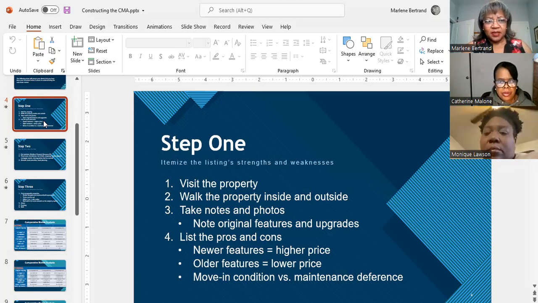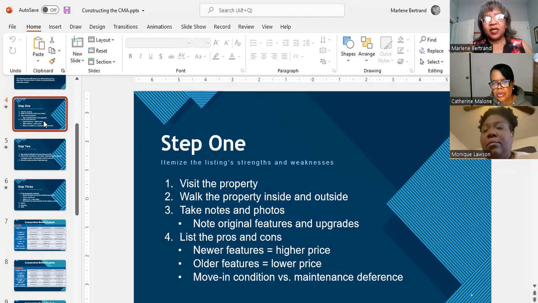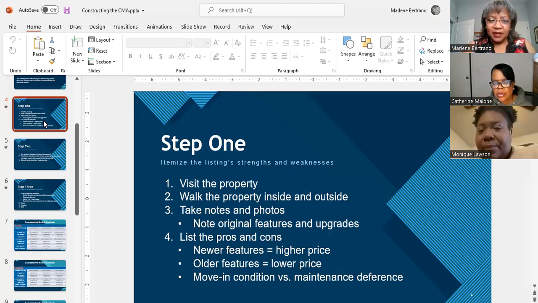So now you as a diligent agent want to go and make sure that's a good house to buy. So you go visit it, you walk it, you make assessments of the house, you take notes, you take photos if you can, you make note of what's new, what's old, and make an assessment as to whether it's in move-in condition or if there's some maintenance that might need to be done.